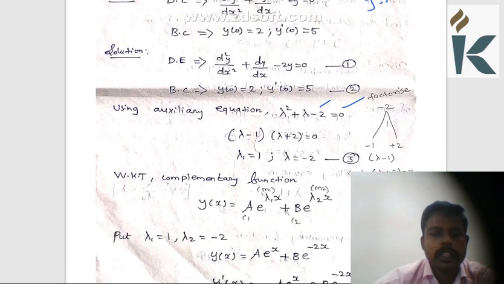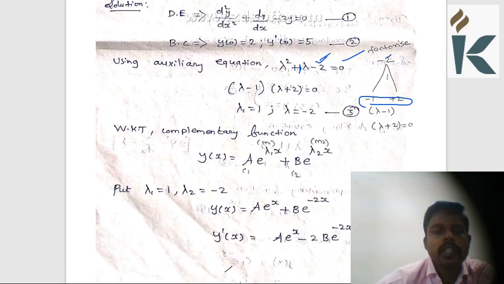So this is the auxiliary equation for the given problem. We have to factorize this and find out the two real roots. When you multiply these two roots you get minus 2, and when you add these two roots you get the value of 1. So this is the condition for the factorization.